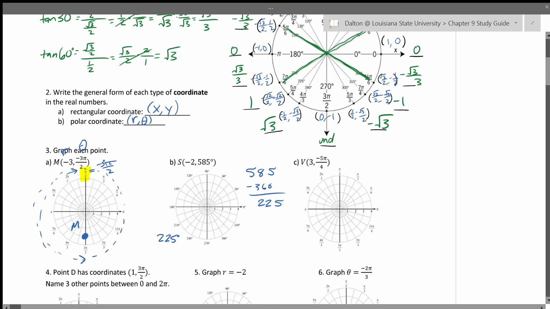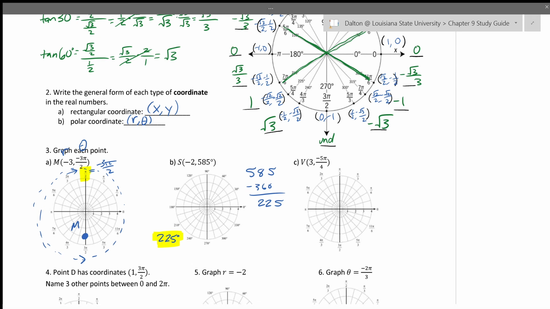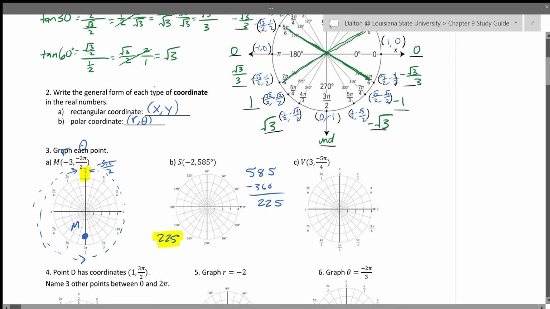So again, that's the perk of filling out your unit circle before the test, because this one is on a regular unit circle, not necessarily this example polar graph. So toward that angle, I've got an r of negative 2. Instead of counting 2 in the direction of 225 degrees, I'm going to count 2 in the opposite direction. And there will be point S.